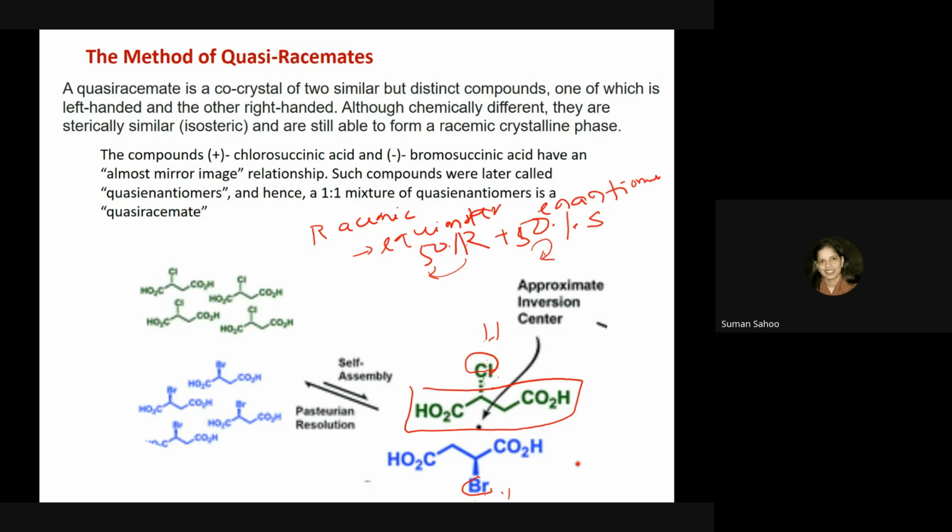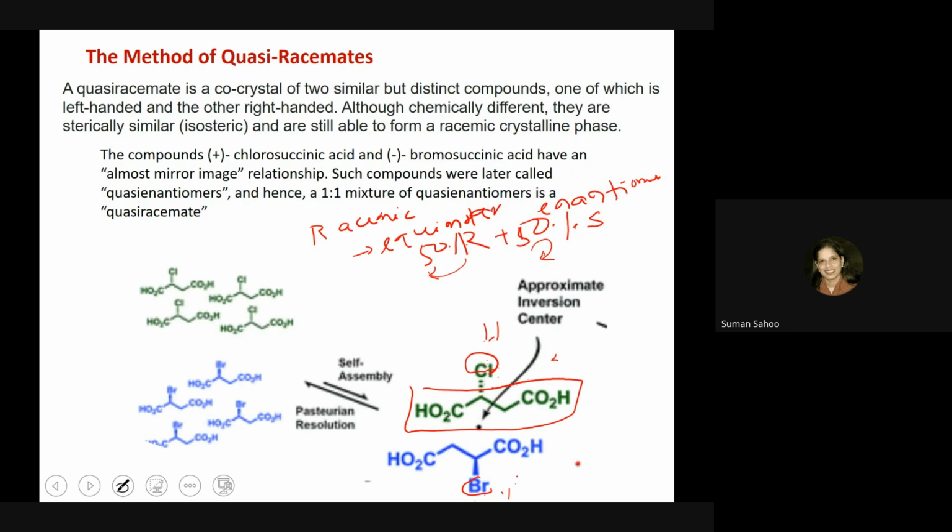But these two are not actually enantiomers, although the structure is almost like an enantiomer. If this one rotates the plane polarized light anti-clockwise, this one would rotate it in the other direction, clockwise. So these two are not actually enantiomers, but when we mix them, that will form a racemate.